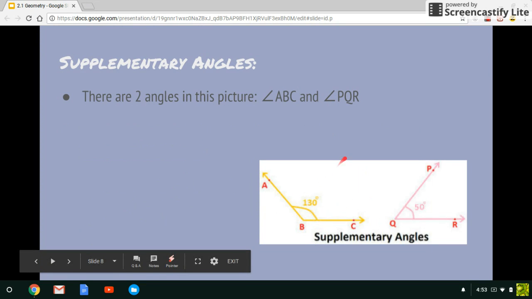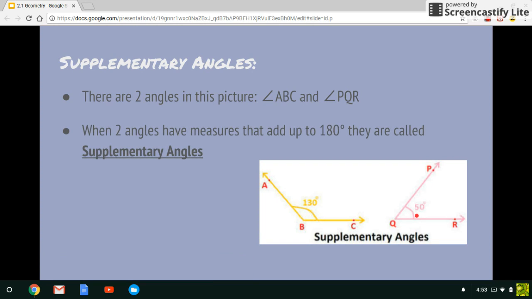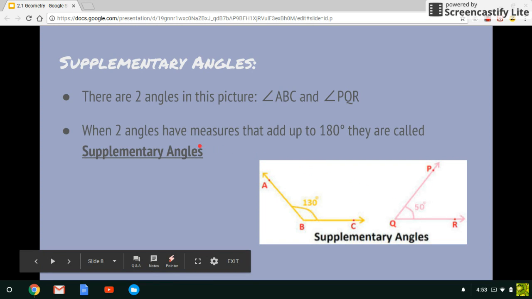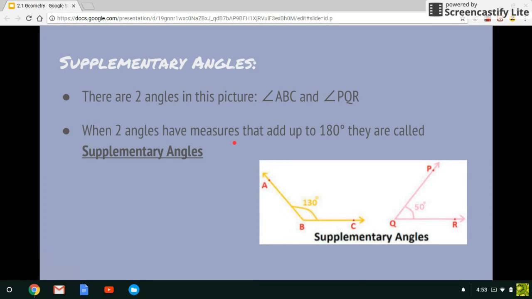Okay, so now we have supplementary angles as well. The two angles in this picture are ABC and angle PQR. ABC has a measure of 130 degrees, and PQR has a measure of 50 degrees. The definition for supplementary angles is when two angles have measures that add up to 180 degrees, they are called supplementary angles.